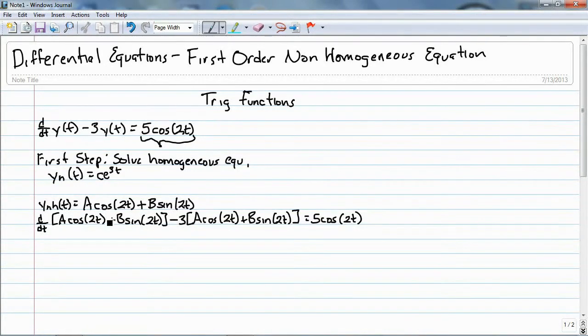And I can take the derivative of this first part, and remember that I need to use the chain rule. So I'm going to have constant A, derivative of the cosine is the minus sine, and in the chain rule the derivative of 2t is just 2.